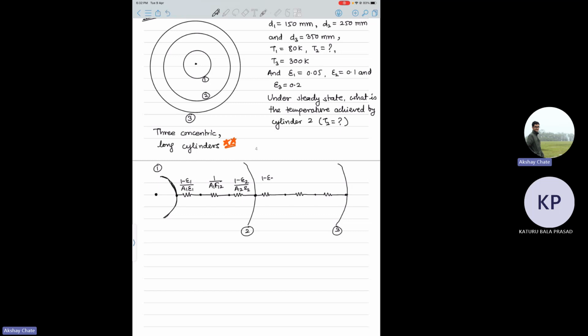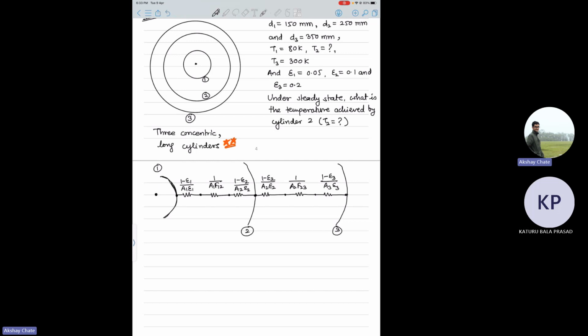This will be 1 minus epsilon 2 over A2 epsilon 2, 1 by A2 F23, and 1 minus epsilon 3 over A3 epsilon 3. So this is the resistance network. I am not drawing the whole cylinder area, I just draw the cross section.